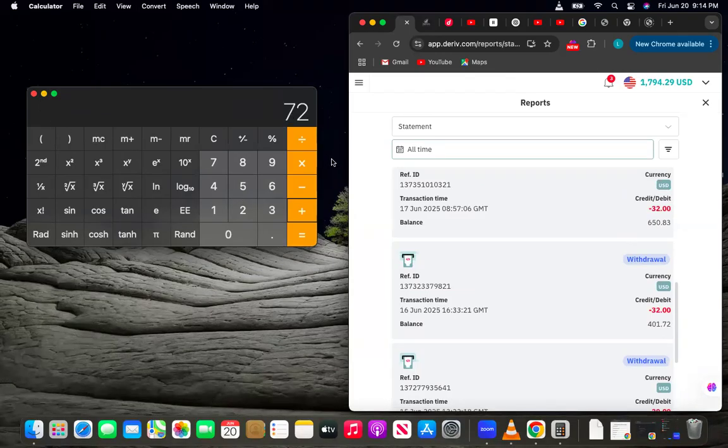Okay, I don't know if I did that right. Let me start again. 20 plus 20 plus 32 plus 32. All right, I'd already made back what I deposited here on the 17th.